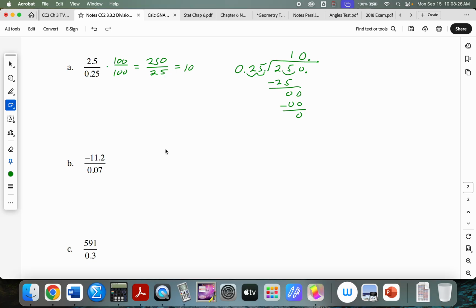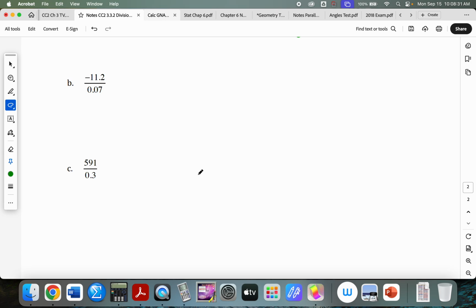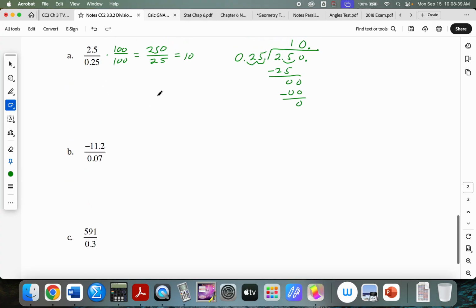All right, let's see. For the second one, desk 6. Gordon, tell me how you did this one, please. I multiplied 100 over 100. Okay, and when you did that, what did you get? Negative 1,120 over 7. Great. And then you did the long division?